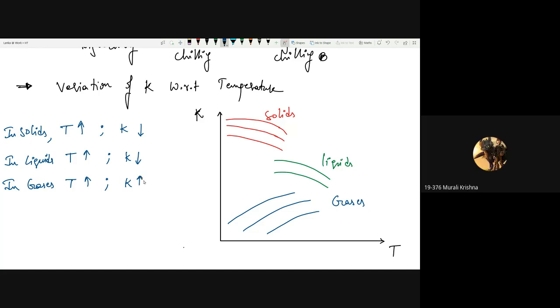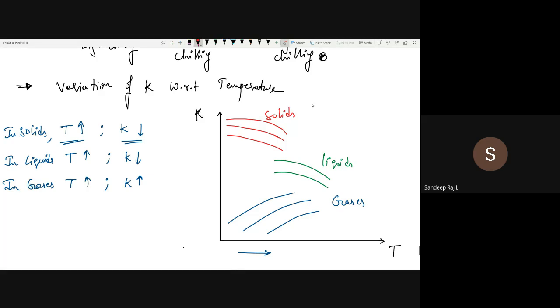So you can look at the solids. I am increasing the temperature, and the solid K value is coming down. So if the temperature increases, the thermal conductivity decreases. Then what happens to the liquids? Liquids show the same trend as solids. If the temperature increases, the thermal conductivity is reducing.